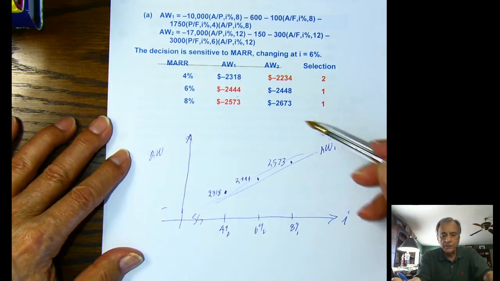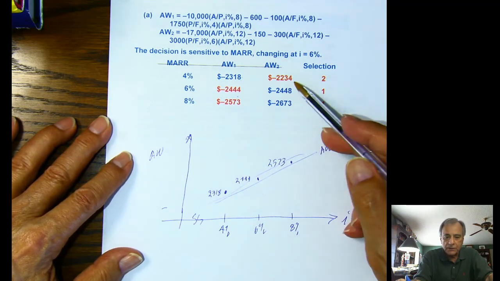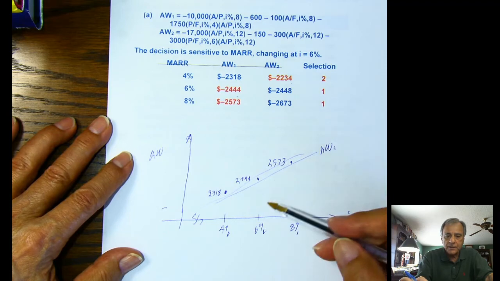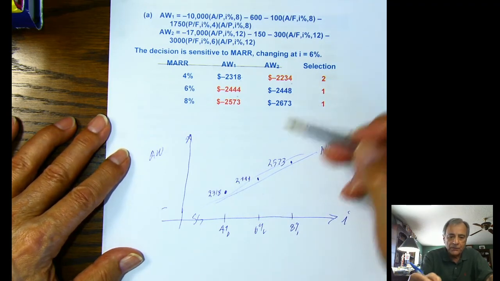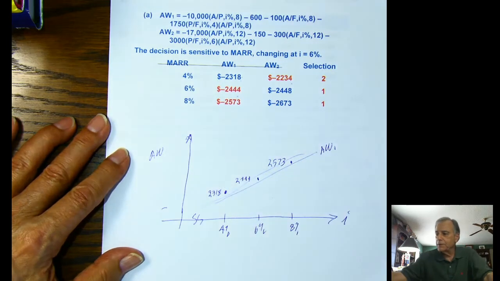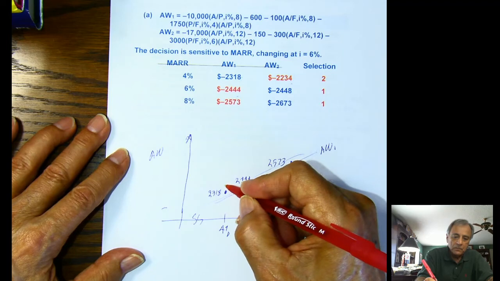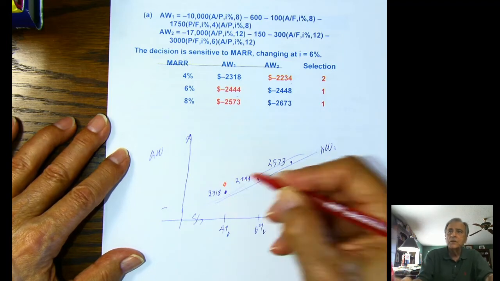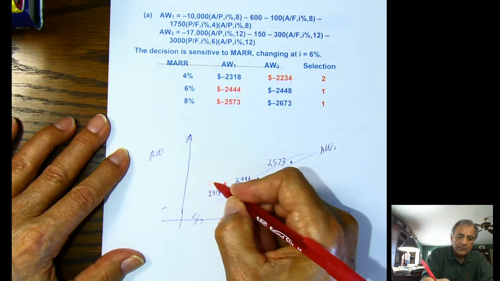And system 2 starts, the first one is a little bit higher at 4%, okay, 2234. Let me do that in red. It's a little higher, I'm sorry, it's lower.